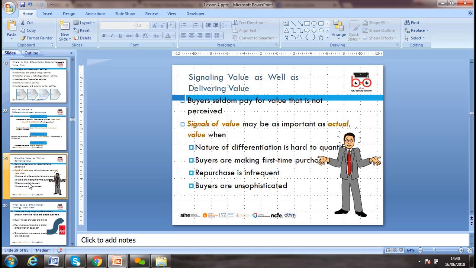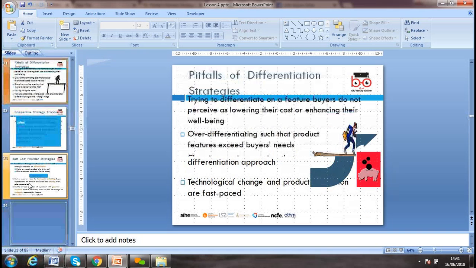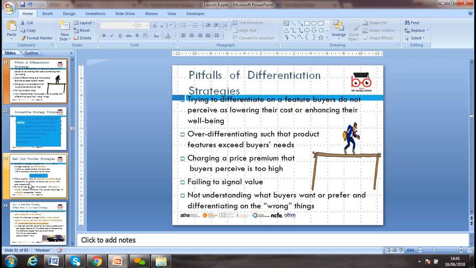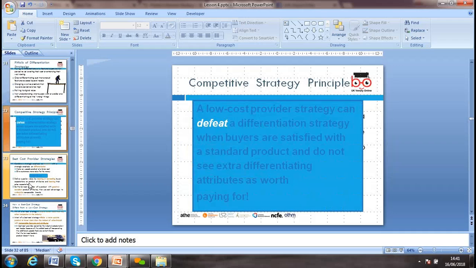You say, no doubt I spent £10, but it's still worth it. I use free internet, I had a meeting, I had a lovely time with my friends. So all this is signaling of value. So these are the differences. I'm not going through all the slides word by word, so please just go through them.